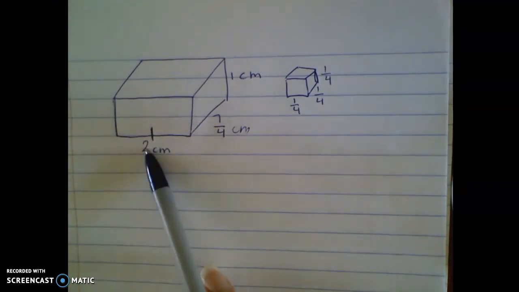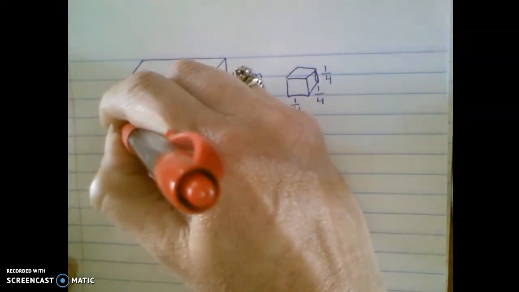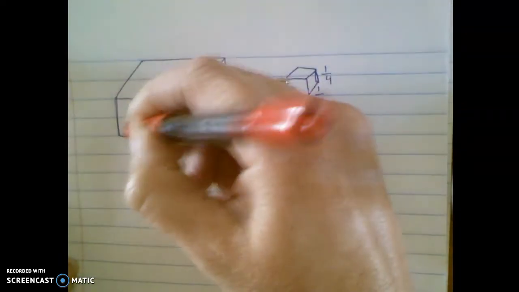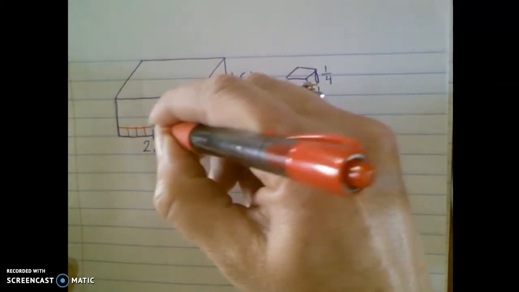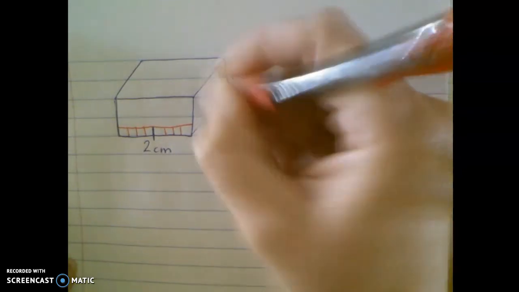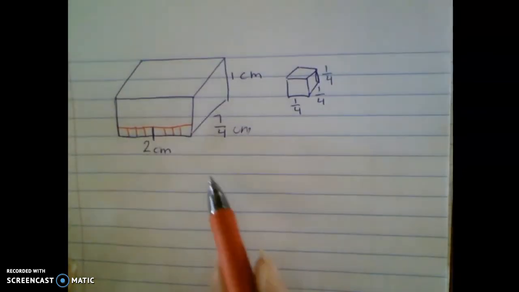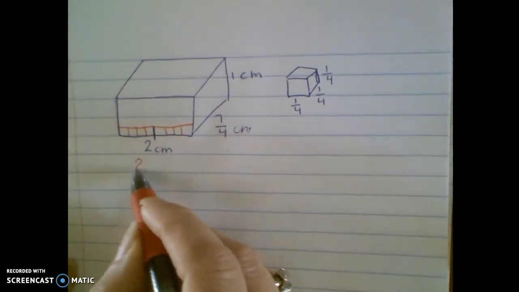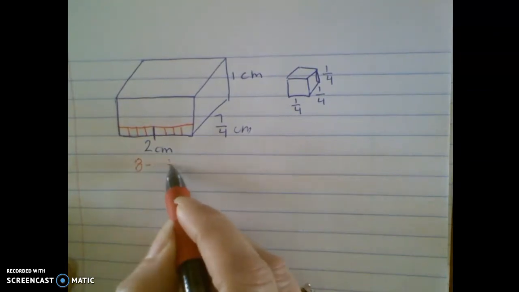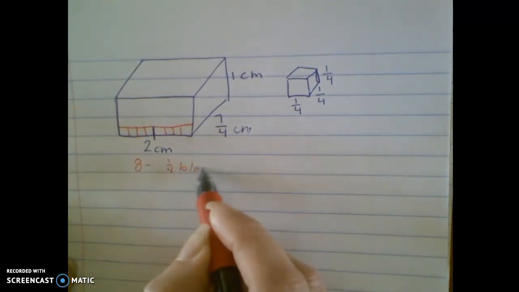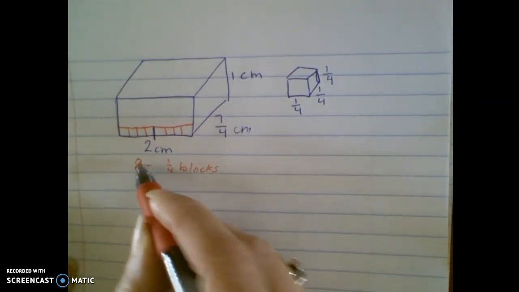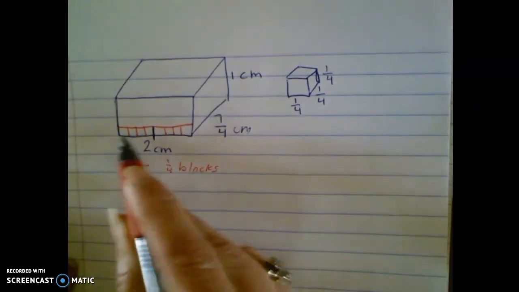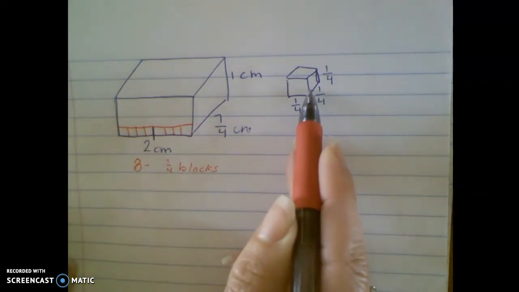Since this is 2 centimeters, I know that I can fit 4 quarter-centimeter blocks in that centimeter, and 4 in that centimeter. So now instead of thinking of it as 2 centimeters, I think of it as 8 1/4 blocks. Okay, so now I know there's 8 going across as the length. It's 8 of those 1/4 blocks.